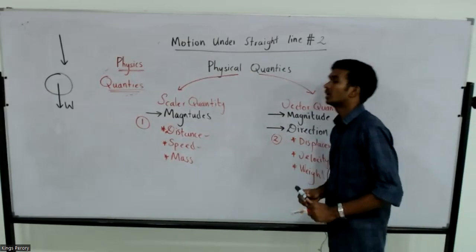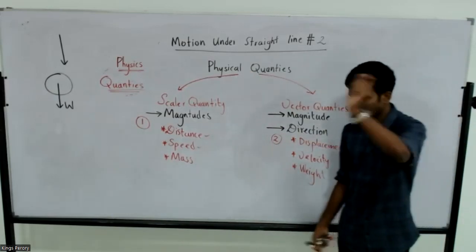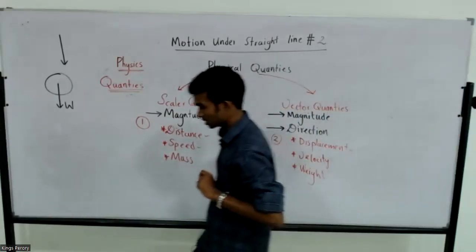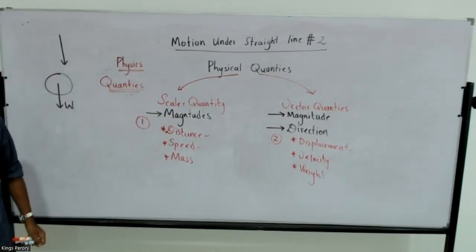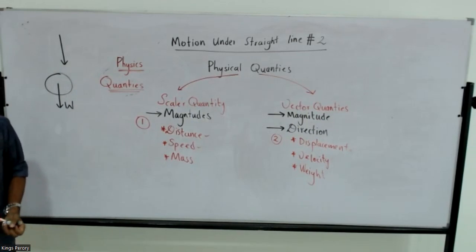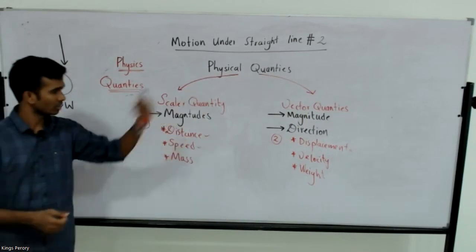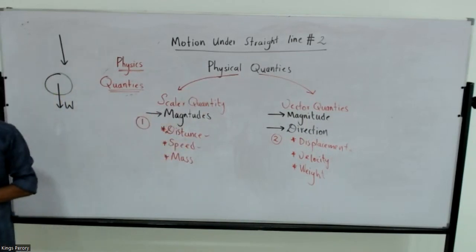Clear? Understood? Let's write. Under scalar quantities, example: distance, speed, mass. Yes, force is also an example for vector quantity. Very good. Force is also a vector.